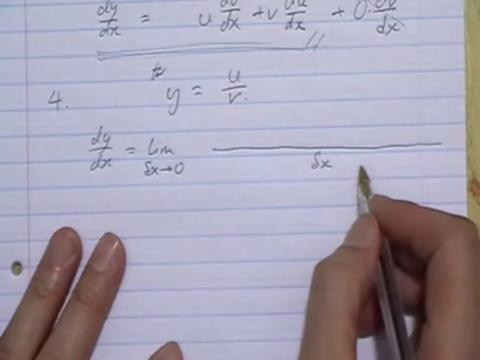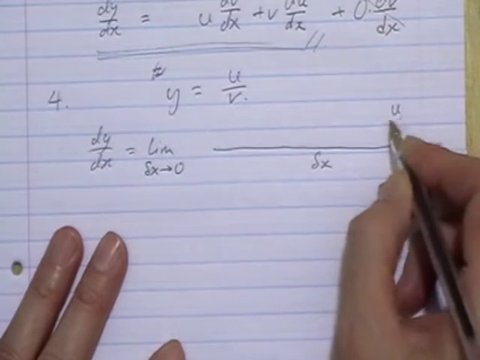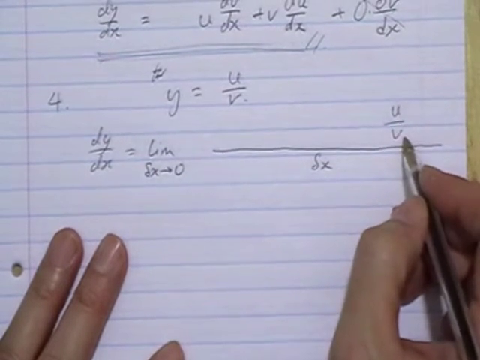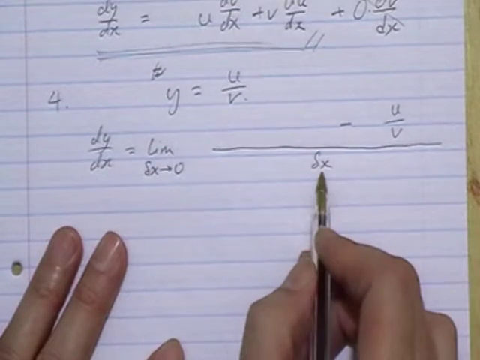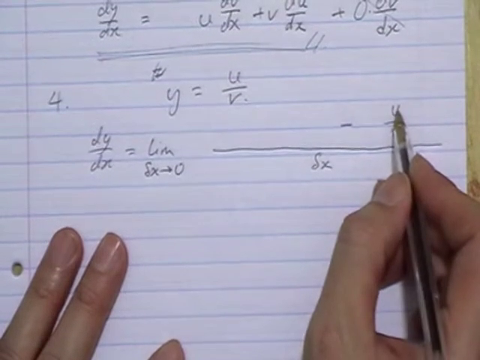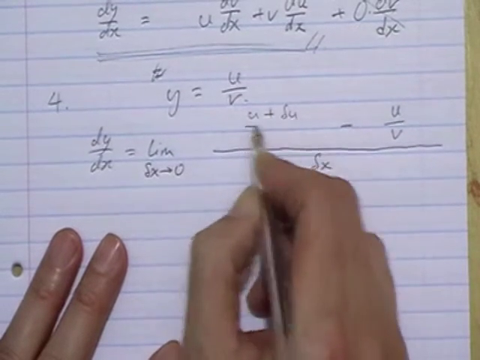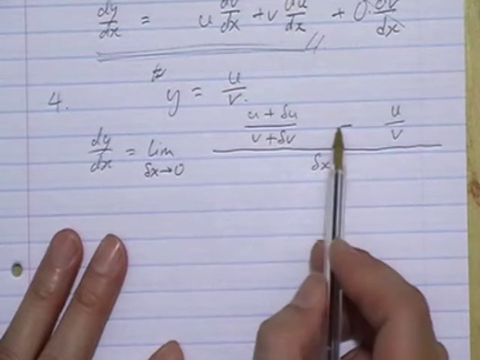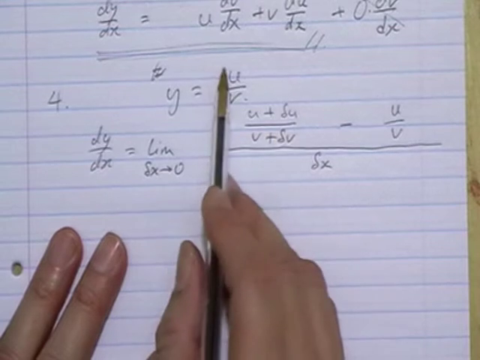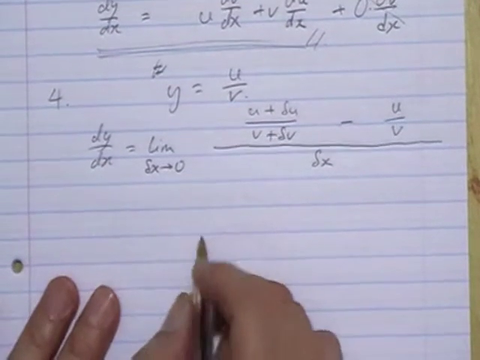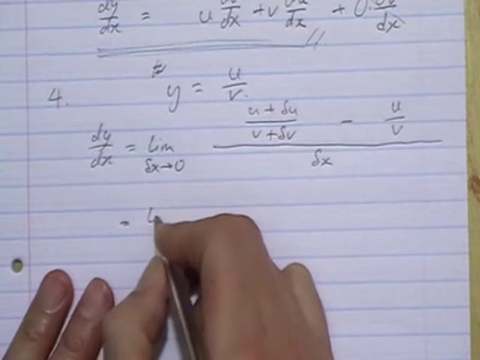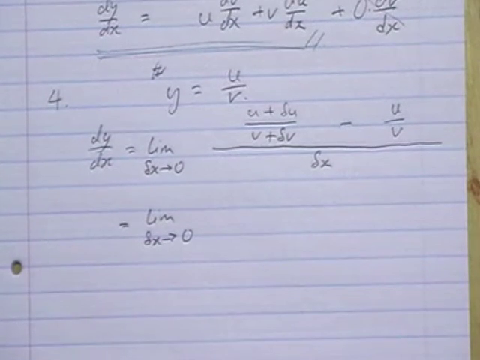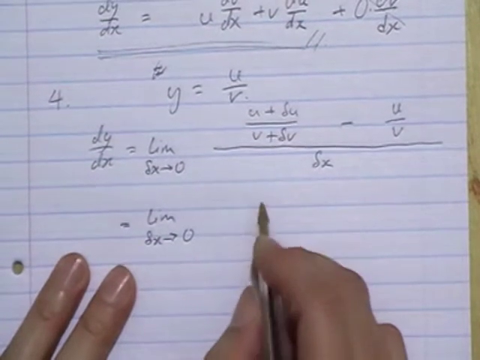So before x increases, it is just u over v, right? Both functions of x. After x increases by delta x, u increases by delta u, v increases by delta v. So the difference is then the change in u over v. It looks quite cumbersome. Let's see how we might simplify this.